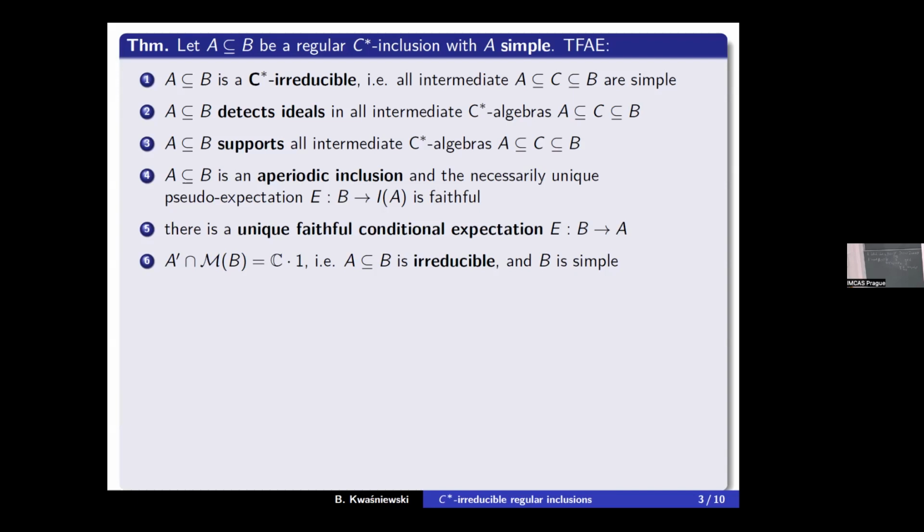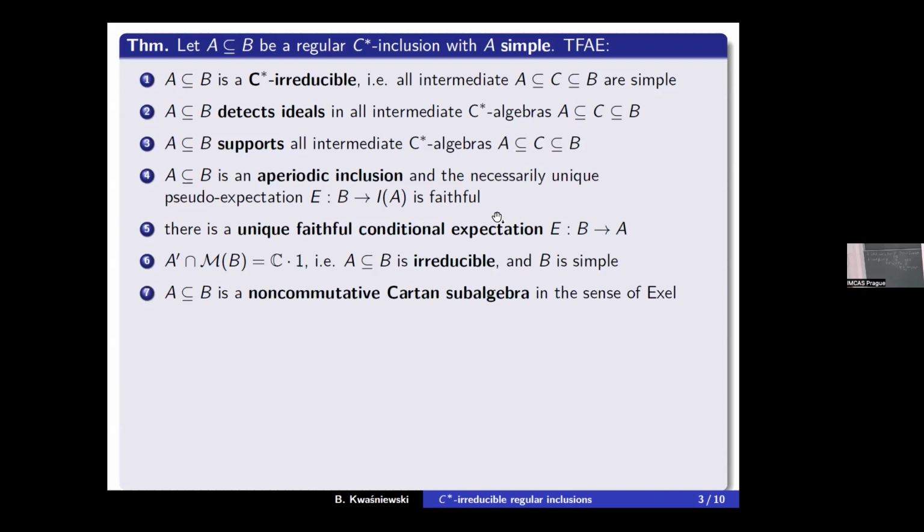These papers on irreducibility and intermediate von Neumann factors appeared a long time ago. So this is now a C*-algebraic version of this restriction. Rodham showed that in general, for an inclusion, this irreducibility is not enough to get C*-irreducibility, but here under our assumption of regularity, these are the same.